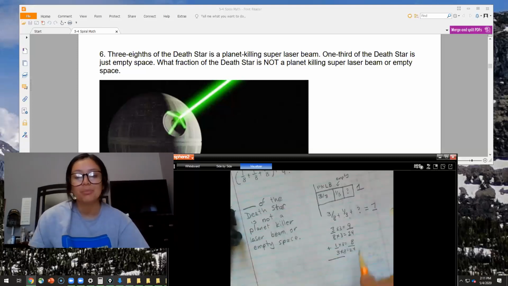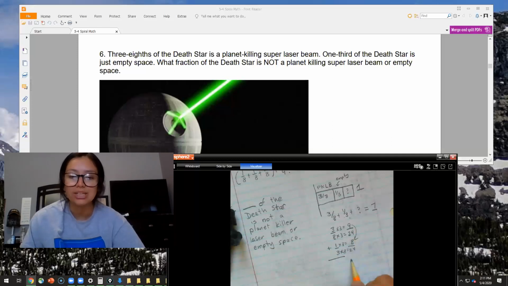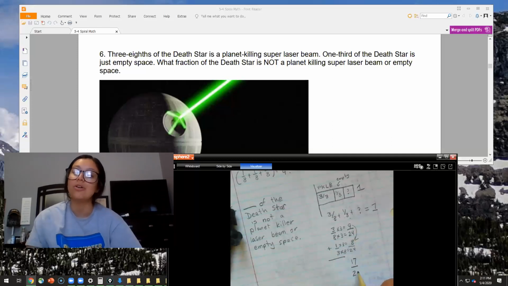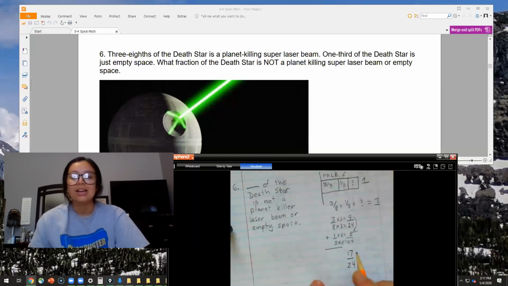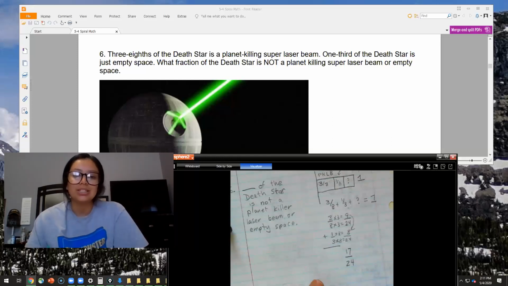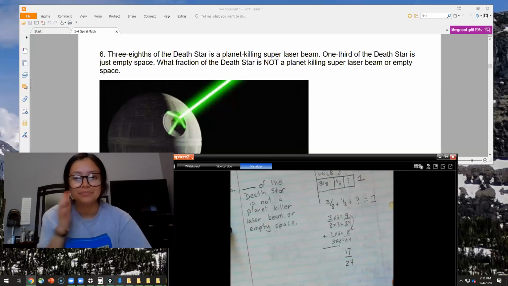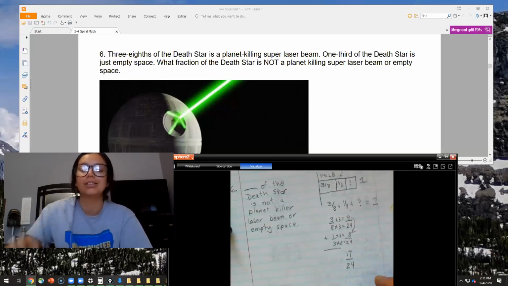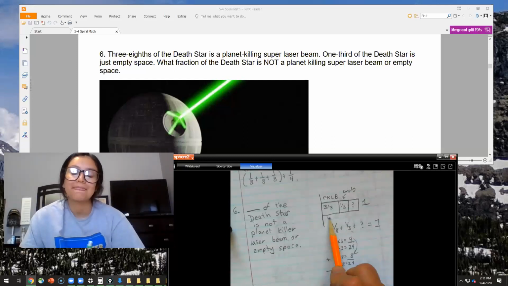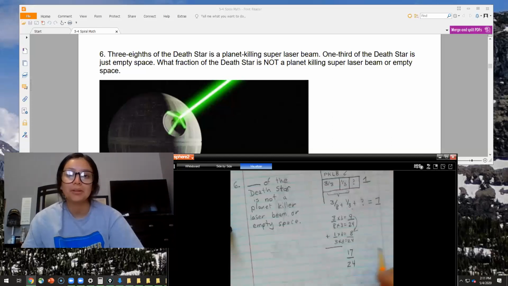Now we can add these together, but we don't add the denominators. 9 plus 8 gives us 17. So 17 over 24 is our answer when we add that. So these two parts of the Death Star are going to equal 17 over 24 of the Death Star.